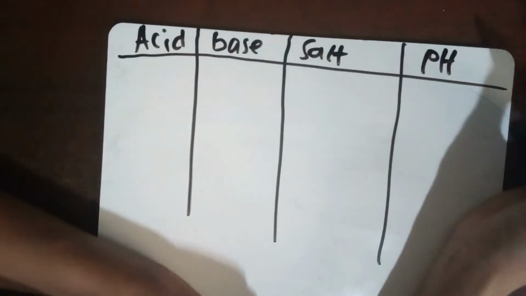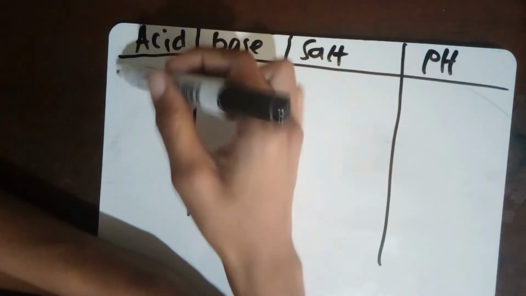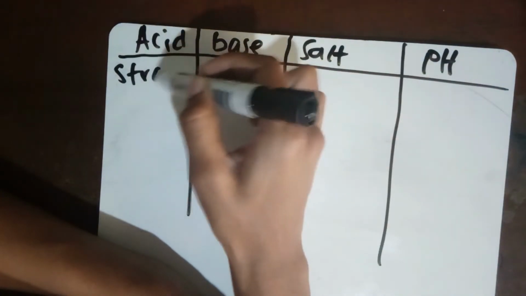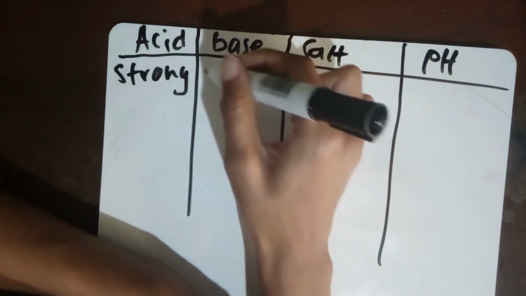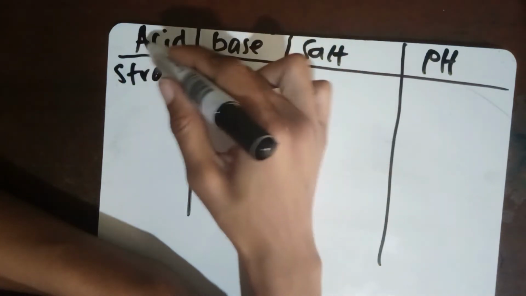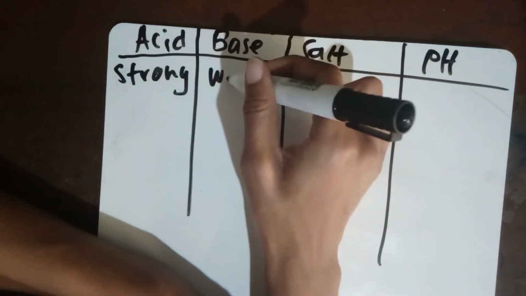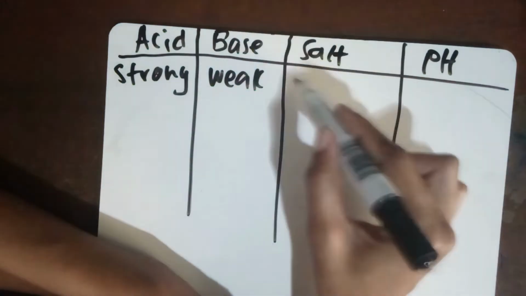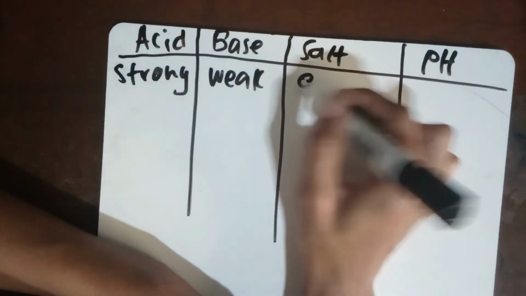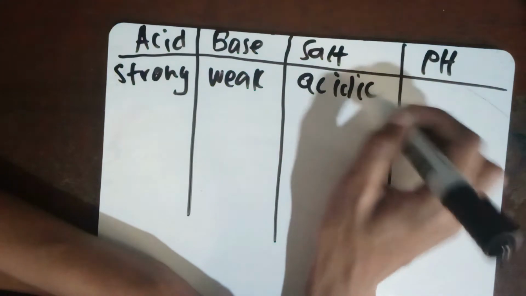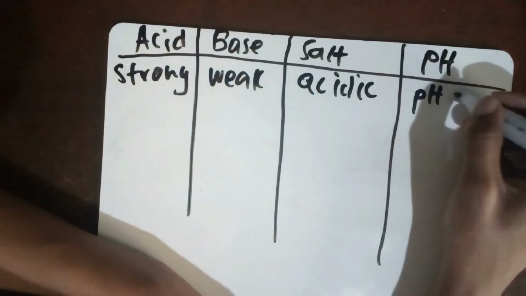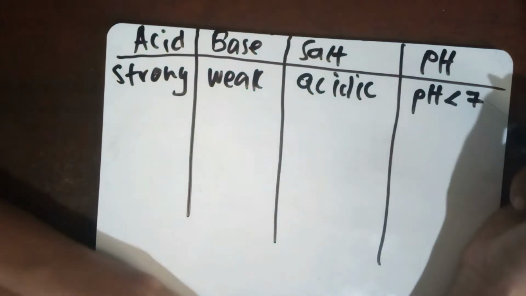And how do we do that? So if we have a strong acid and we react it with a weak base, our salt is actually going to be slightly acidic because we used a very strong acid, right? It means that the pH will actually be less than 7, right?